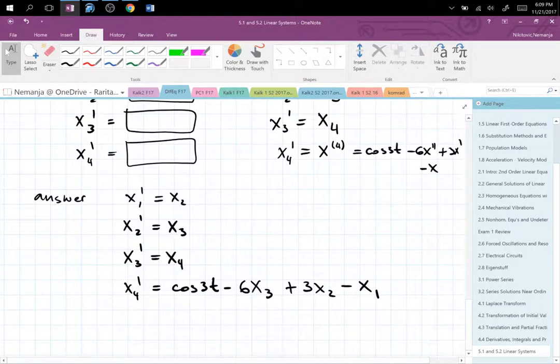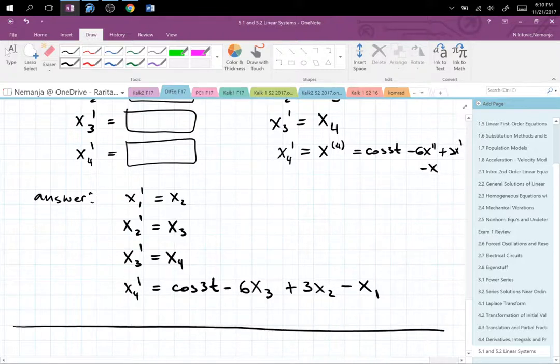So we are able to convert a single equation, which is the third order or second order or fifth order, into a number of first order linear equations. So that's a skill, and that later leads into a matrix and all of those things.